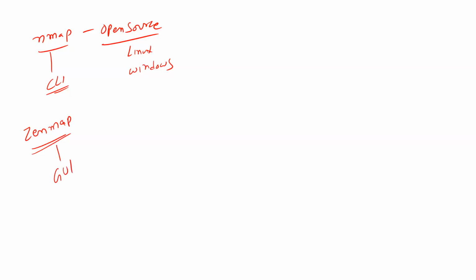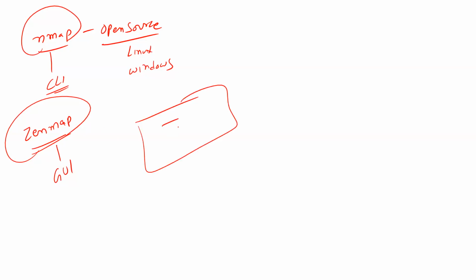So you can use either Nmap or ZenMap. The options you're going to use are all the same, and it shows you the results. Here you will be able to choose both the TCP as well as the UDP ports. And there's one more advantage when you're using Nmap.